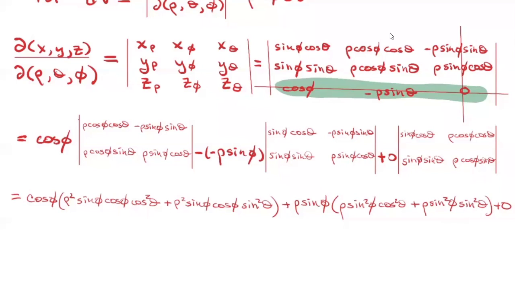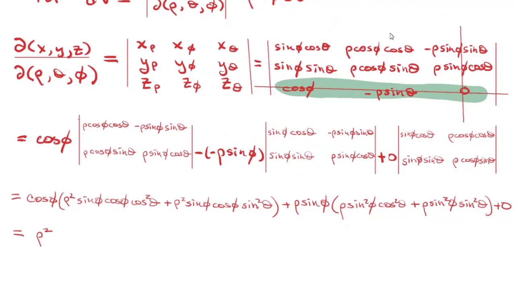Right now, I don't know if you noticed, but there's lots of Pythagorean stuff in here. So let's see what we can do with this first one. I see a rho square that will factor out of the first one. There's a cos phi, but also inside is a sine phi cos phi.